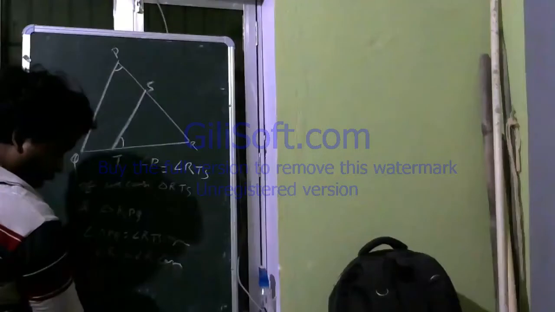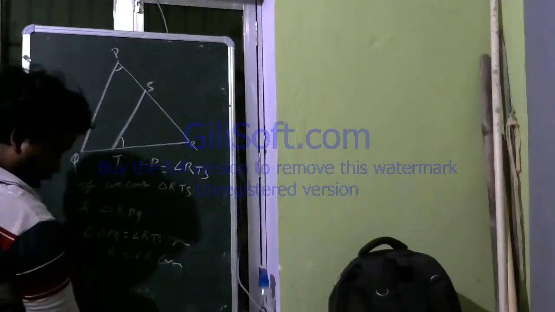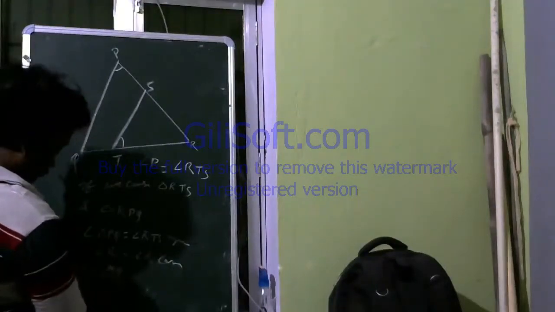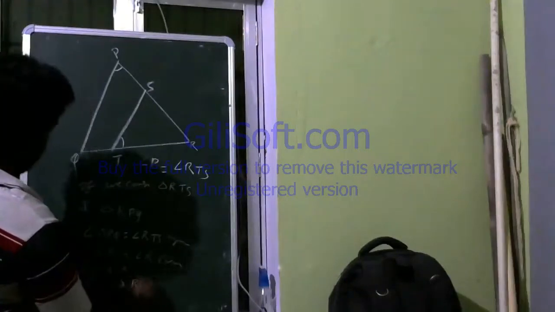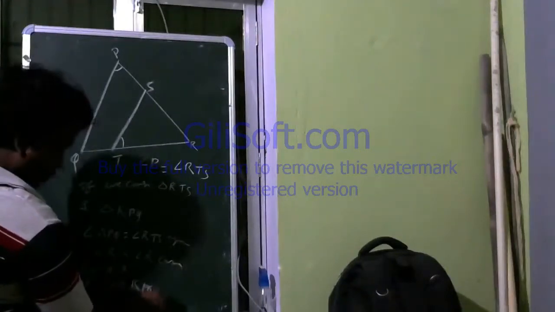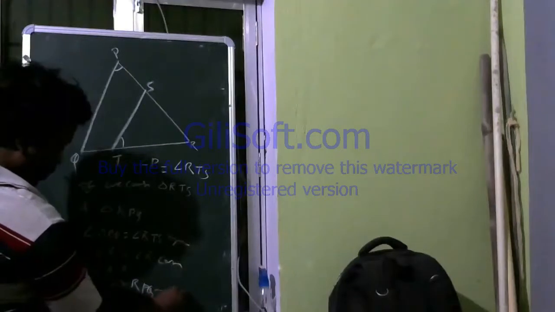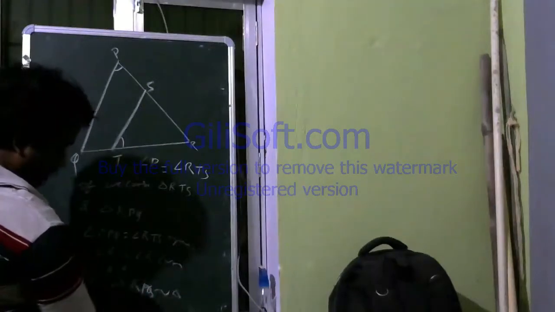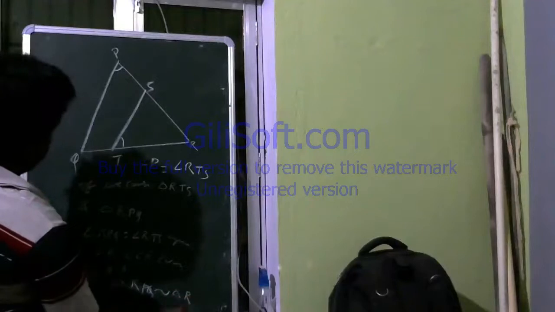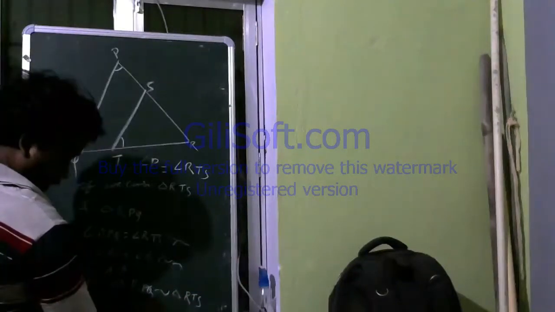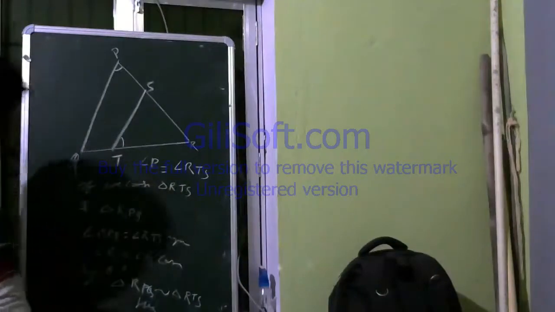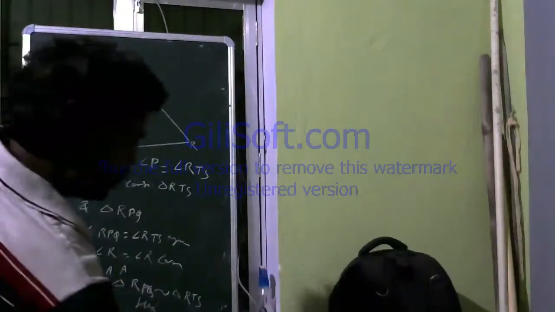So by AA similarity, triangle RPQ is similar to triangle RTS. Hence proved. Thank you. I will solve some more questions after some time.